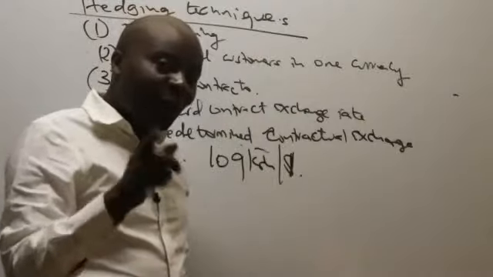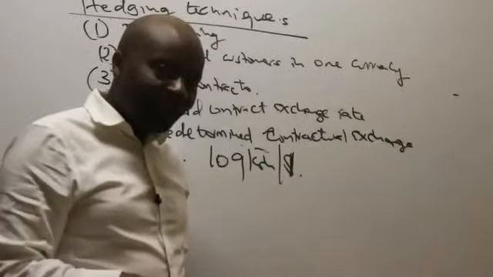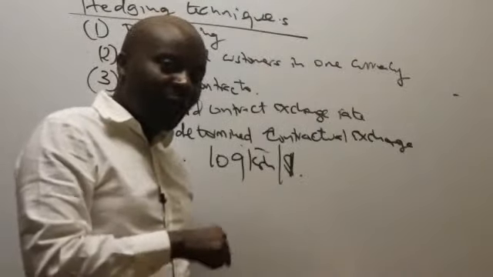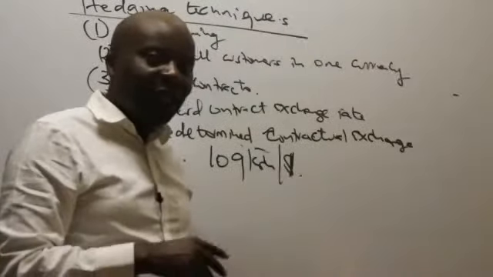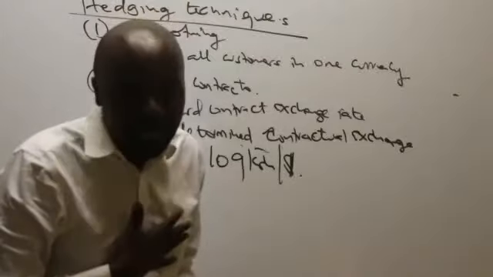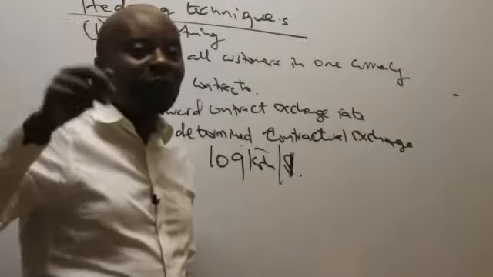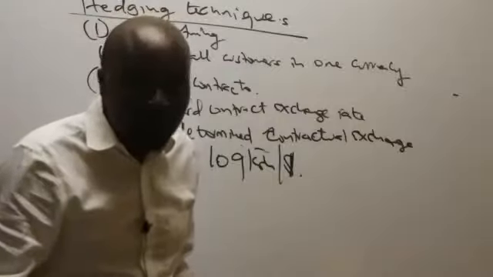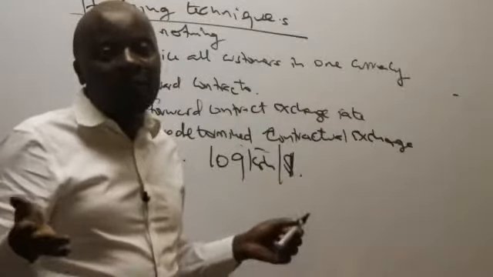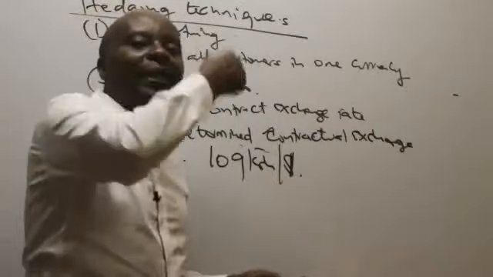On that day, when I take this cash to them, if the dollar is going for 106 or whatever, it doesn't matter. They have to give me 109. The downside is that if the dollar is going for 112, I cannot run away. It's a contractual thing, determined in advance.